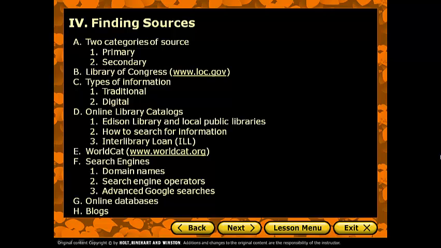Then we quickly looked at online databases and again popped back over to the Edison Library to look at what we have available here. And again, bring your library card for when we meet with the librarians so that you can access the public library's databases. And then we briefly talked about blogs. A ton of stuff here, but it's information that you need to know for researching. So I'll see you in class and bring any questions that you may have.